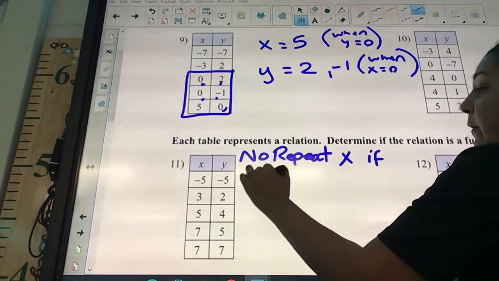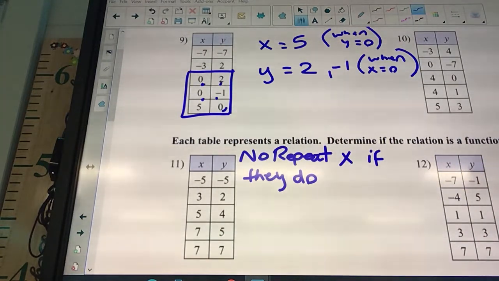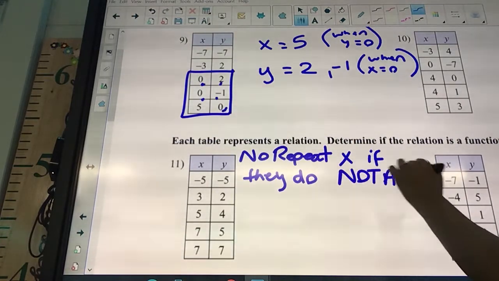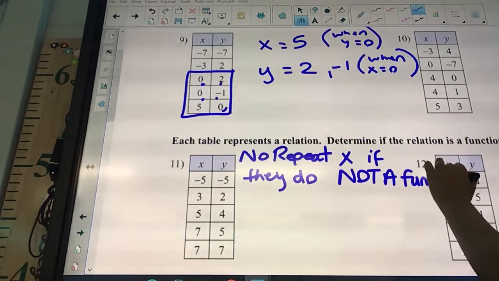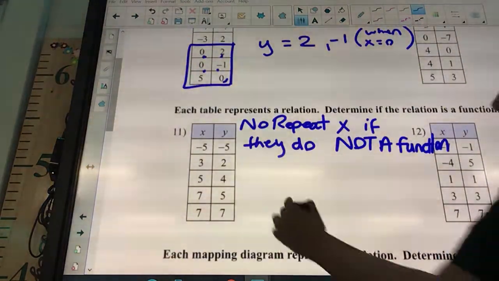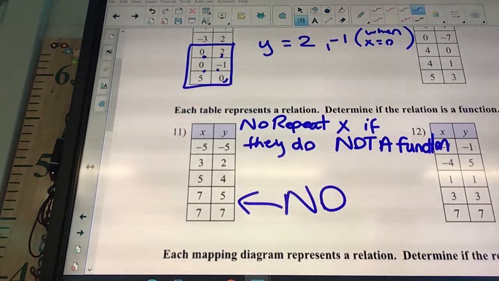If they do, then is it a function or no? Not a function. So, look at 11. Is that a function? No, that one's not a function.